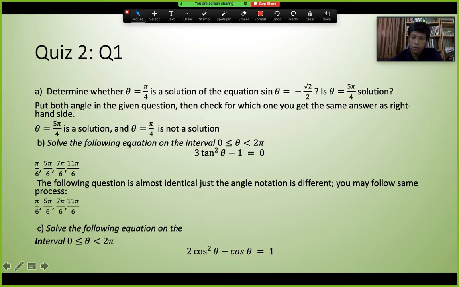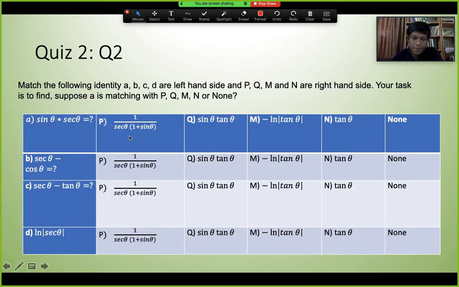Possibly, not always. Then this is matching the identity with the left side and right side, but we can write it this way also. Suppose sin theta into sec theta equals to, which one is matching this one and which one is matching here, like that. Matching the identities. The problem is why we give the matrices.